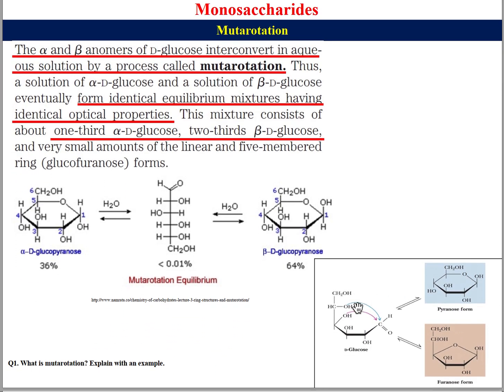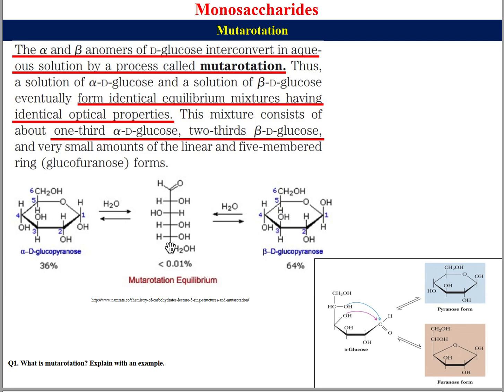Mutarotation. The alpha and beta anomers of D-glucose interconvert in aqueous solution by a process called mutarotation. Thus, a solution of alpha D-glucose and beta D-glucose eventually forms an identical equilibrium mixture having identical optical properties.